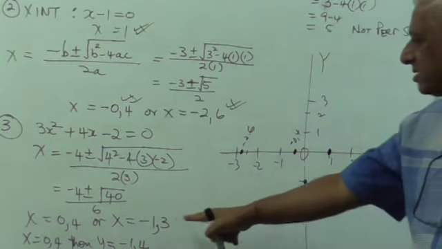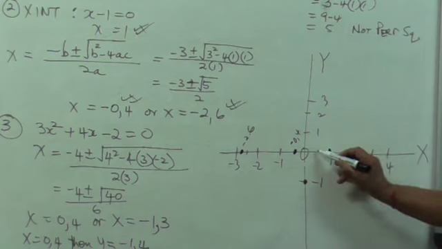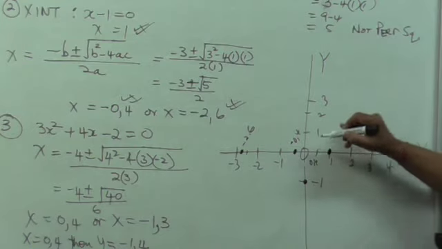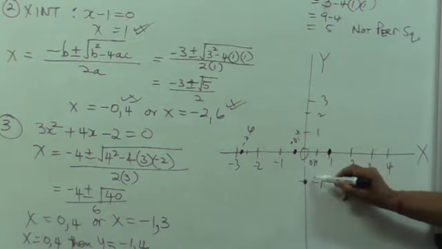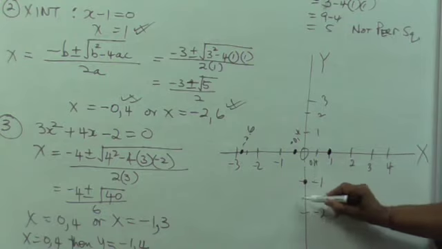Now the turning points. 0 comma 4, so 0 comma 4 will be somewhere here. 0 comma 4 and minus 1 comma 3. So say that's minus 2, so minus 1 comma 5, minus 1 comma 3 will be here.